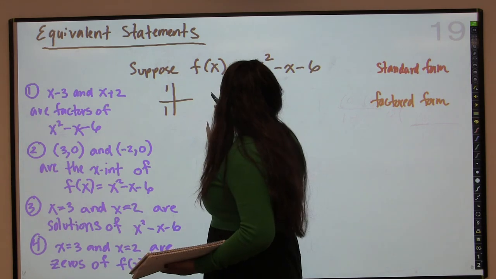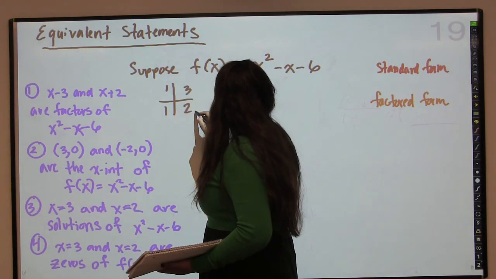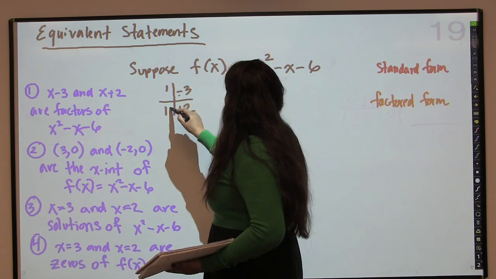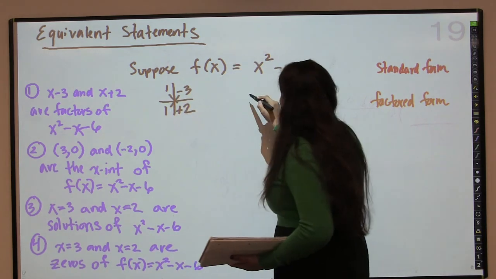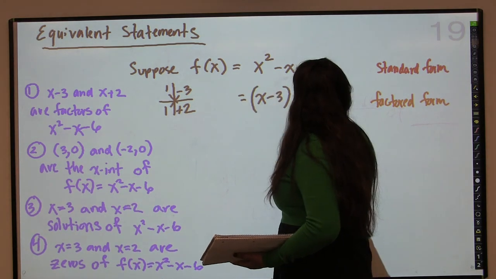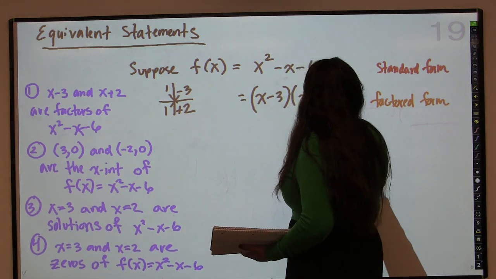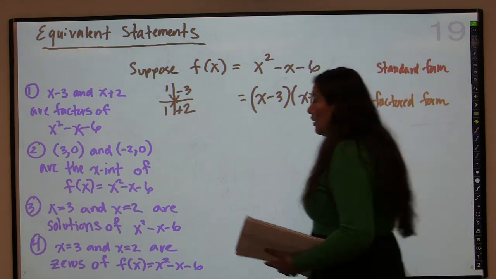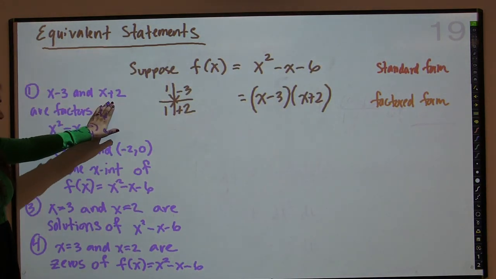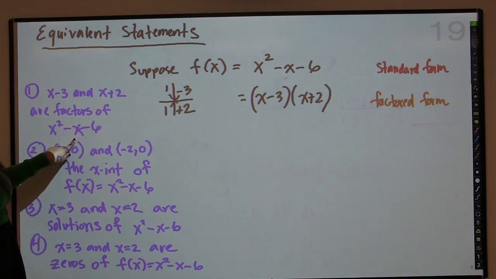We already factored this one earlier, so this is 3 times 2. And if I go -3 plus 2, I'm going to get -1. So in factor form, this would be x minus 3, x plus 2. That would be the factored form. And we said earlier that if it's factored, it means that x minus 3 and x plus 2 are factors of x squared minus x minus 6.